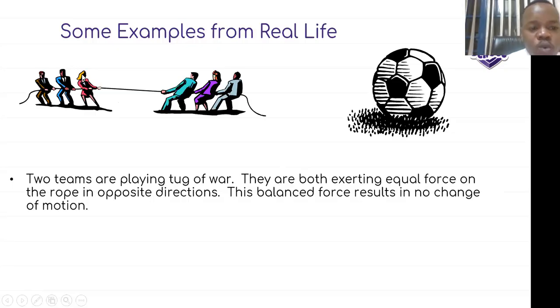It means the net force acting on this object is 0.